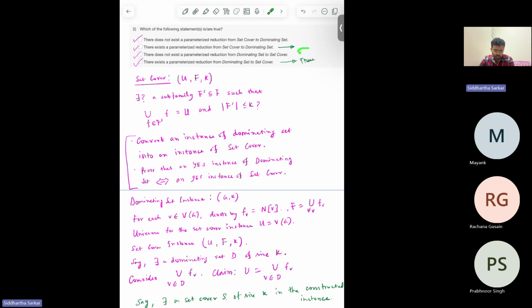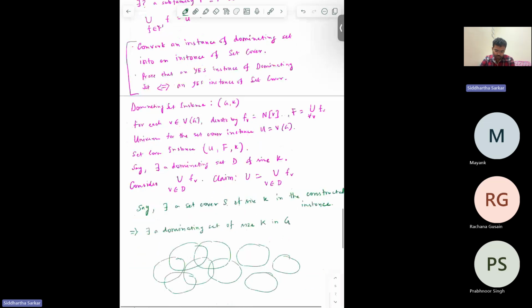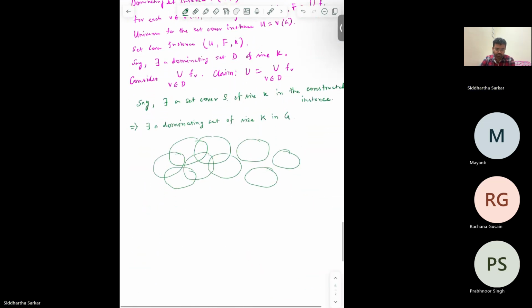So this part is also true, but I will leave that to you to think about it. All right, so you start with the set cover instance and you go to a dominating set instance. Maybe I'll give you an overview of how to go about that.